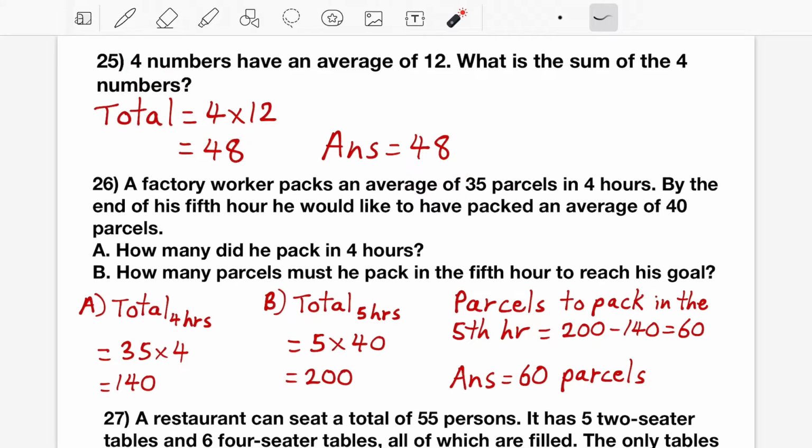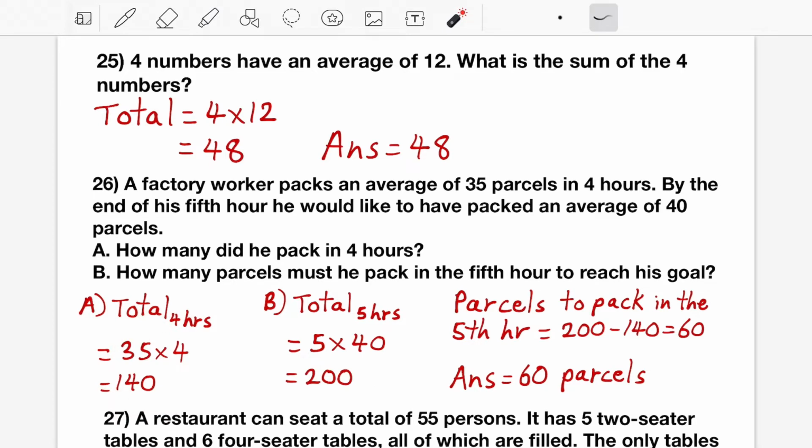Number 26. In 4 hours, an average of 35 parcels was packed. In 5 hours, we have an average of 40. So let's find the total for the 4 hours, which would be 35 times 4 is 140.